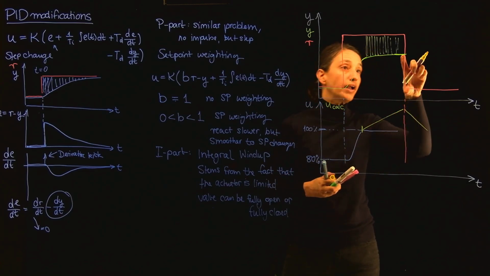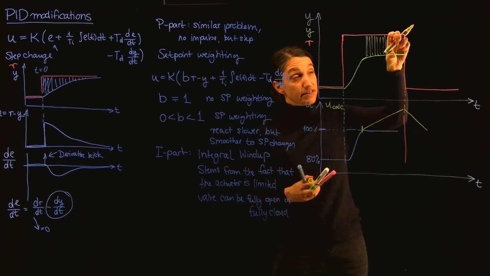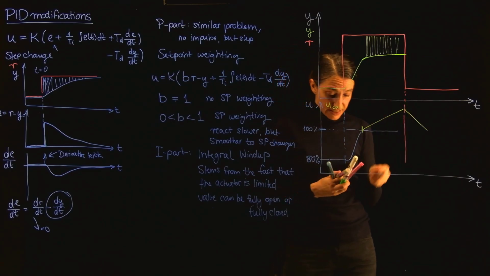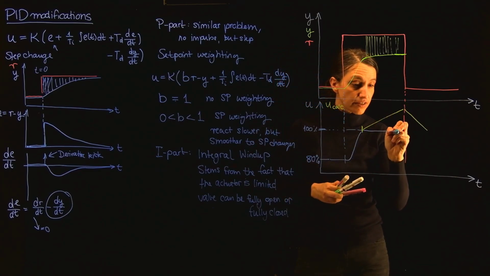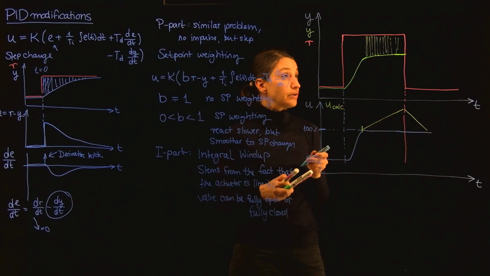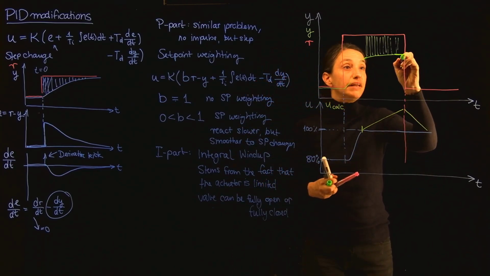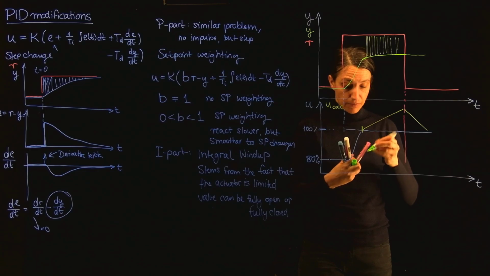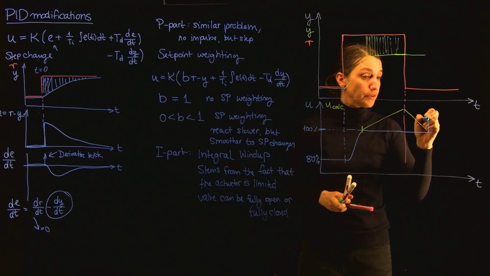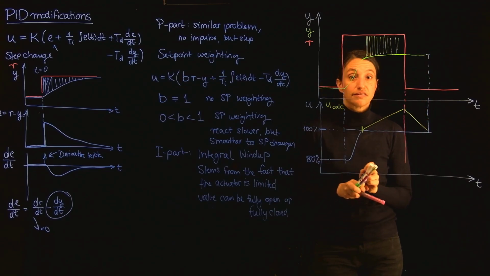It's going to be quicker to decrease than the increase, because the increase was only this bit and now I have this discrepancy. But still, my actuator is going to keep on getting stuck here. So that means I don't see any change in my process input up to this point here when I decrease.